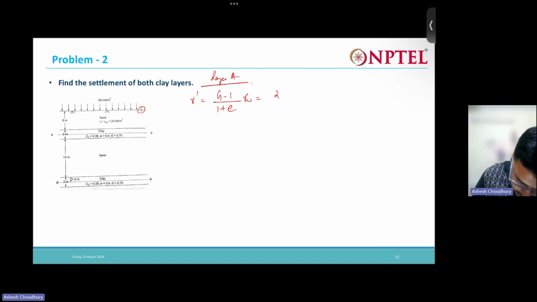So what is it, given minus 1 by 1 plus e, into gamma w. What is gamma w? So calculate this, how much is it coming?